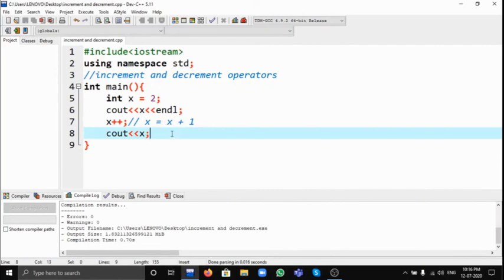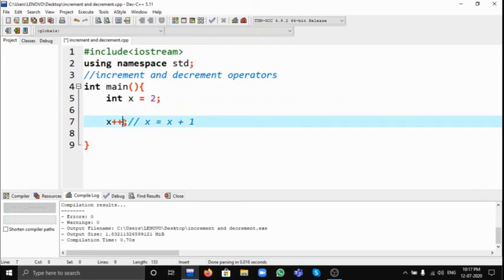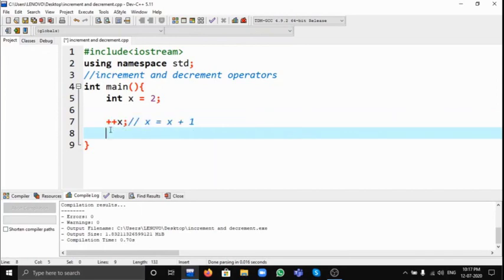Now let's dive deeper into this same operator, which is increment. Let's say that I don't want to write these two plus signs after x, but in front of x, like this.